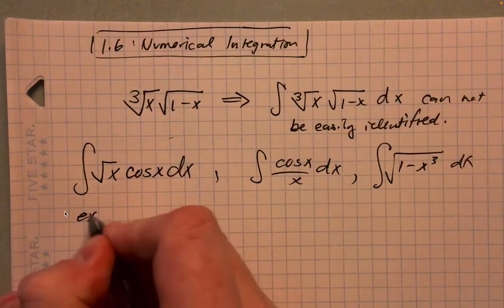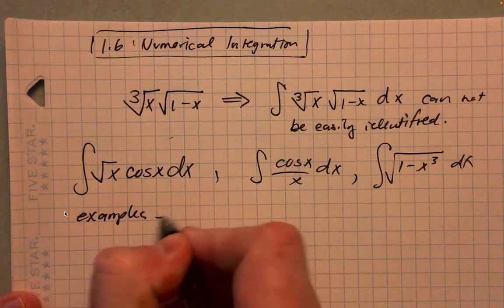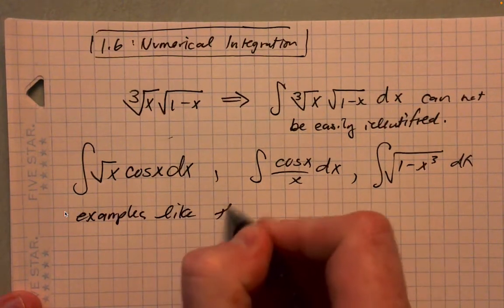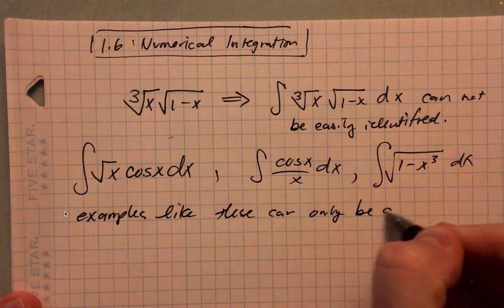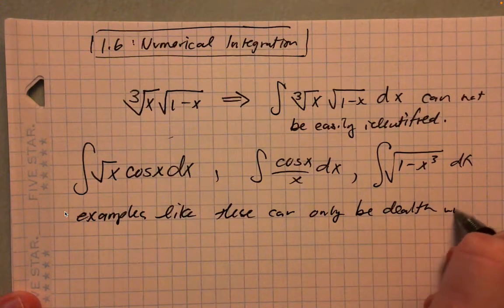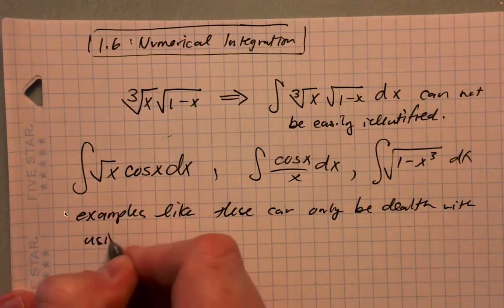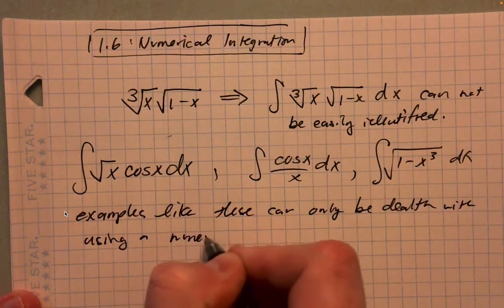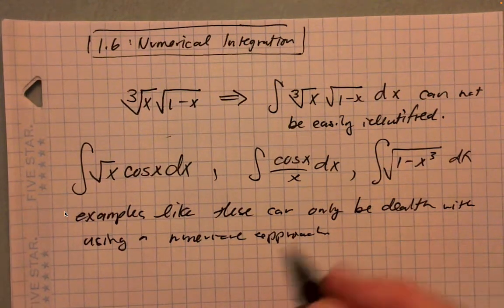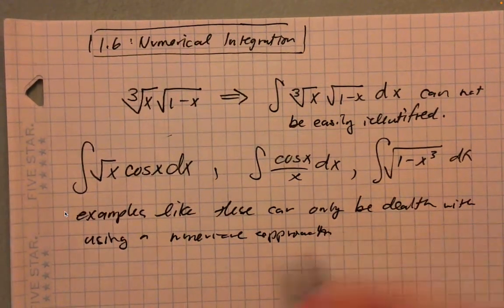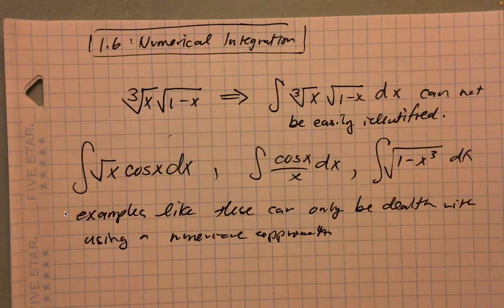So examples like these can only be dealt with using a numerical approach. Now, don't be discouraged. In general, integrals like this have to be dealt with using numerical approaches.